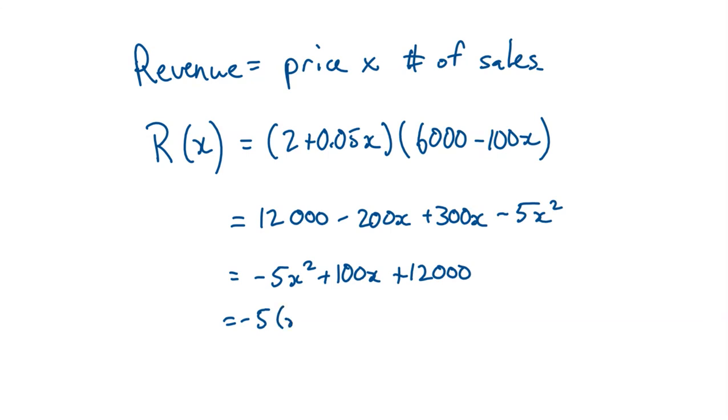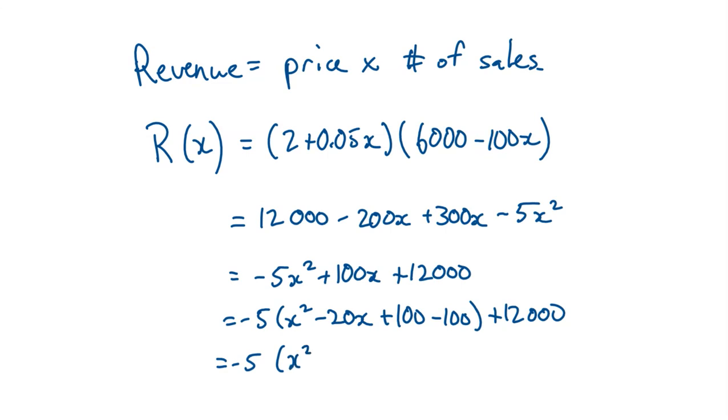Factor out the -5. Don't forget to divide the 100 by -5 as well. Half of 20 is 10. 10 squared is 100. 100 times -5 is -500, so I add positive 500.